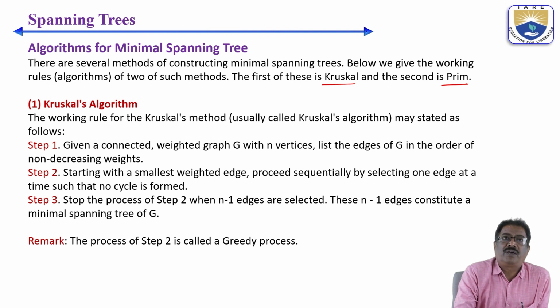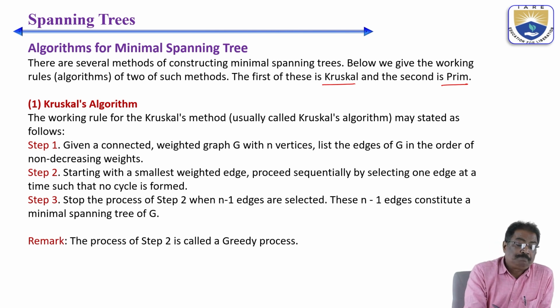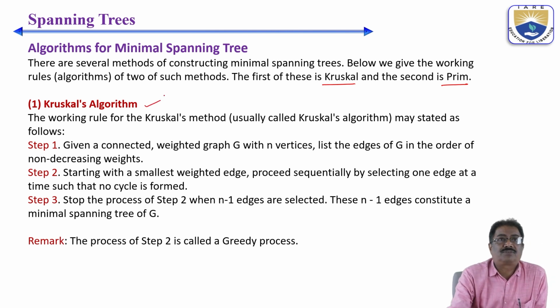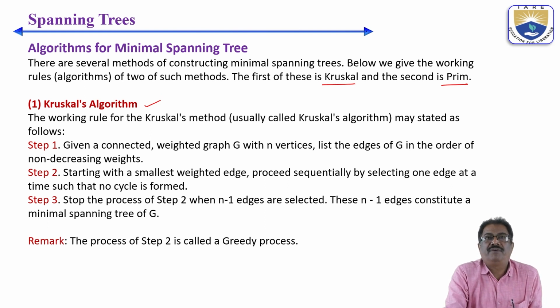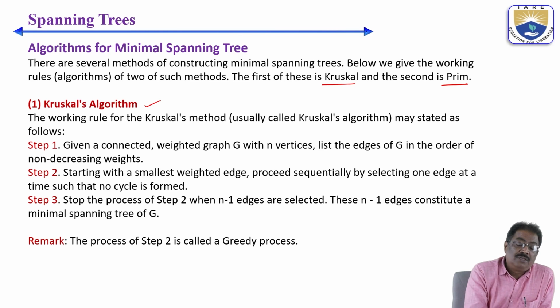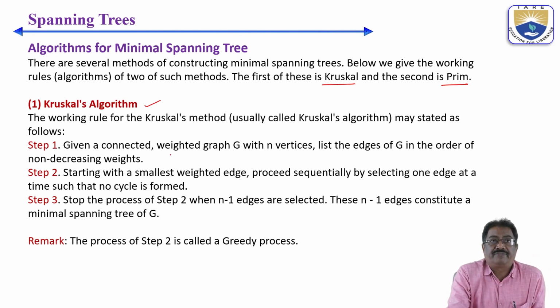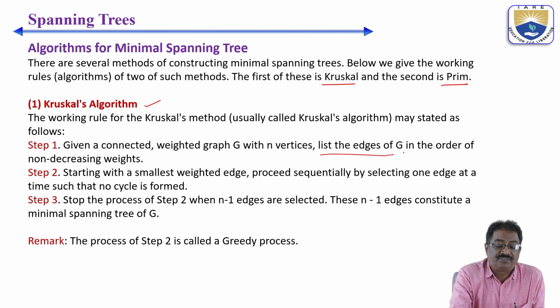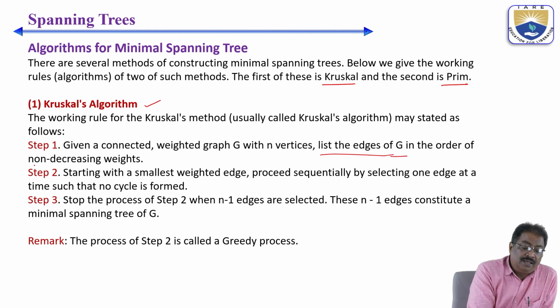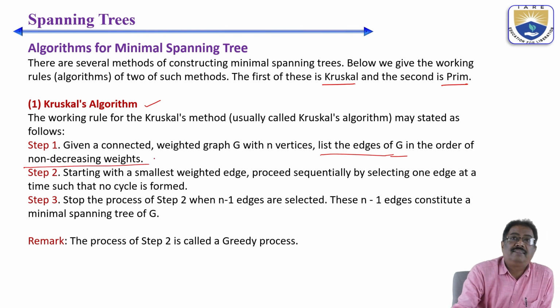In this, first we are going to concentrate on Kruskal's algorithm. From this algorithm, we can find the minimal weighted spanning tree. Step one is to consider a weighted graph. List all the edge weights in non-decreasing order.